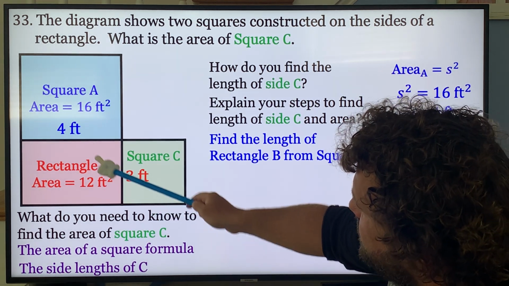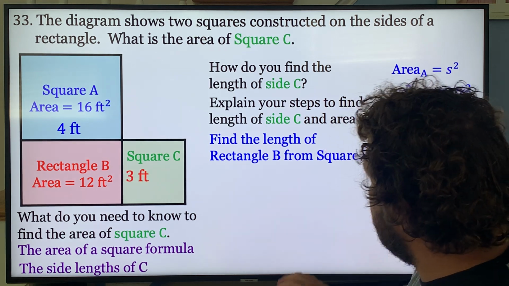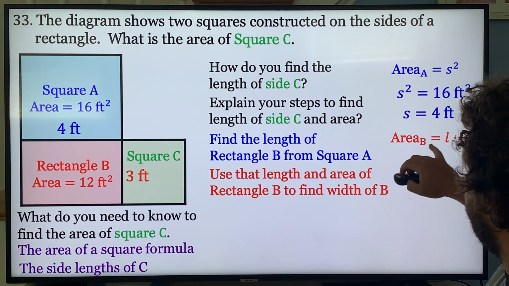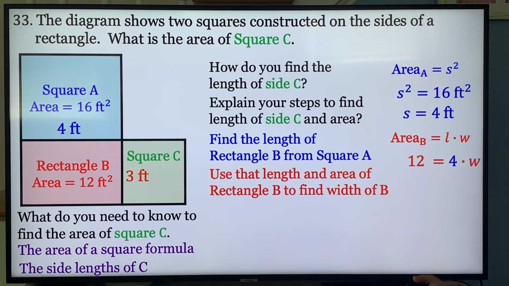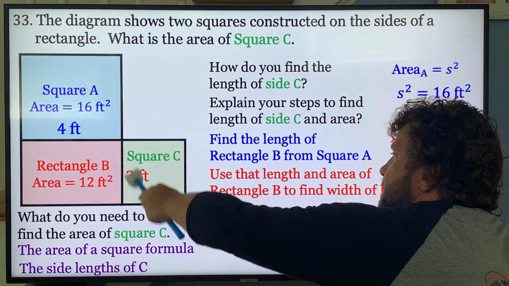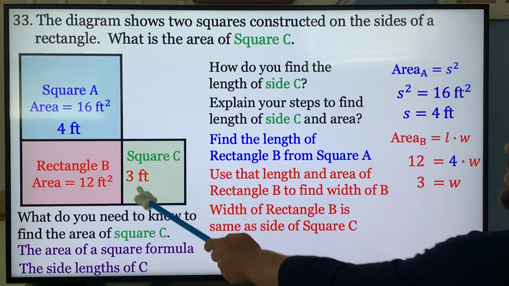Now, rectangle, 4 feet by, we don't know how many feet here. The whole area is 12. So the second step is to use that length in the area of the rectangle to find the width. So rectangle B, area is 12, equals 4, that we got from here, times this, which we don't know. 12 divided by 4 is the width is 3, or 3 feet.